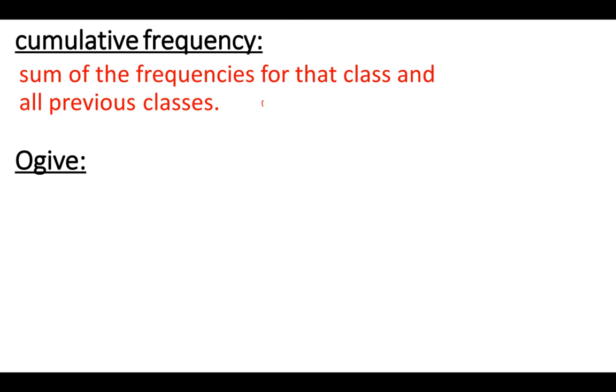So you can think of it as the sum of all prior plus current class, whatever one you're talking about, over n, which is the number of data points. Now, this actually gives us what we call the cumulative relative frequency.